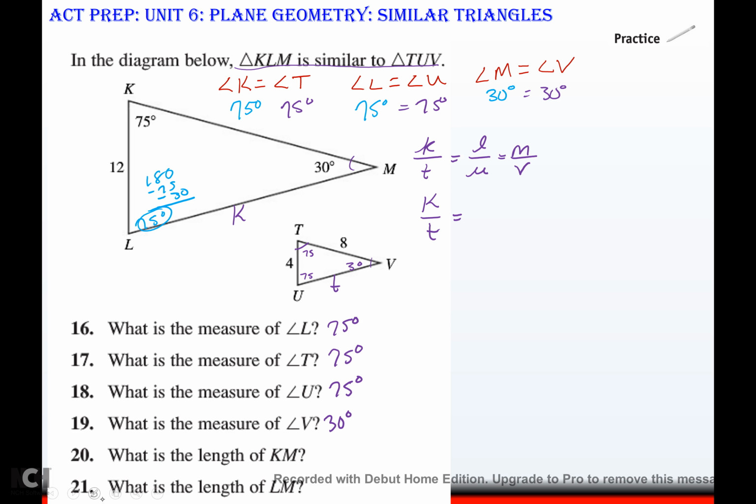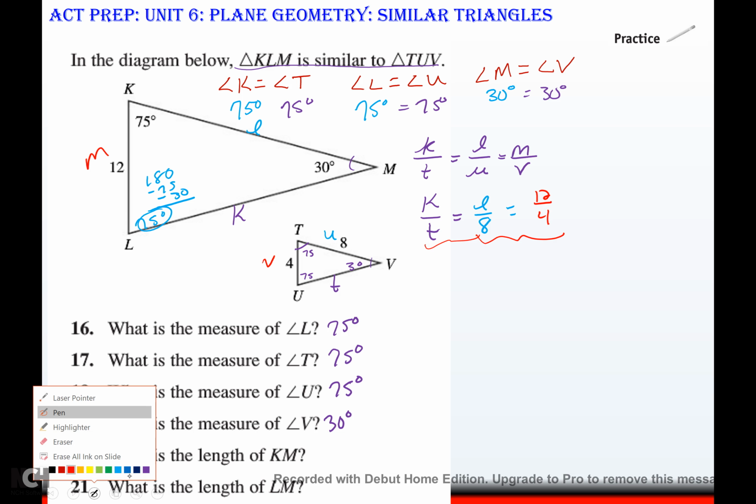And then we have L, which is here, and I don't know that, over U, which is 8. And that has to equal my third ratio, which is little m, 12, over little v, 4. Well, I can't solve this one because there's 3 I don't knows, but I can solve this one because there's only 2 I don't knows.